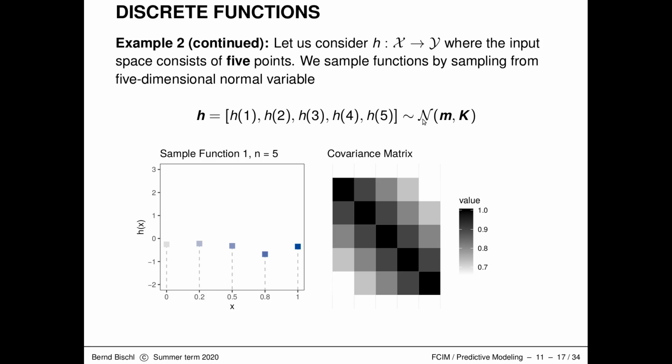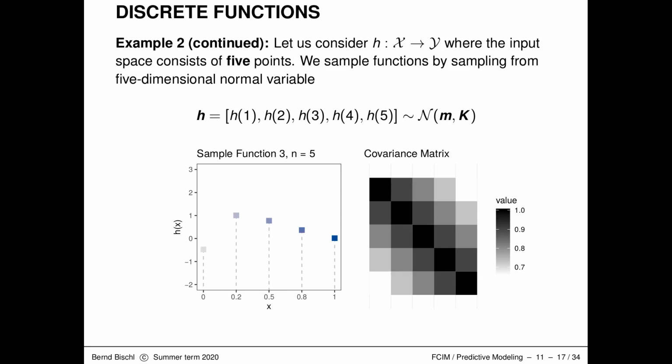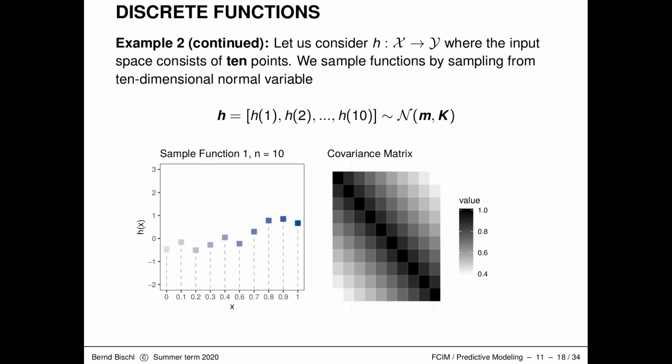So I've chosen now to only visualize how the covariance matrix looks like through this matrix here of gray values, where a point is pretty highly correlated with its next neighbor and a little bit less correlated with its second neighbor and even less correlated with its fourth neighbor and so on. And from this covariance matrix, again, I can sample functions and you can see how these look like and feel.